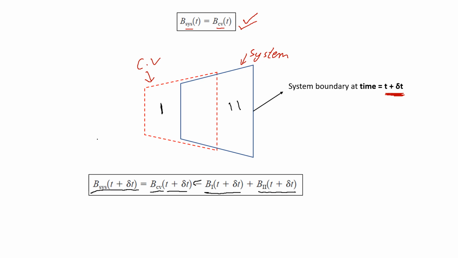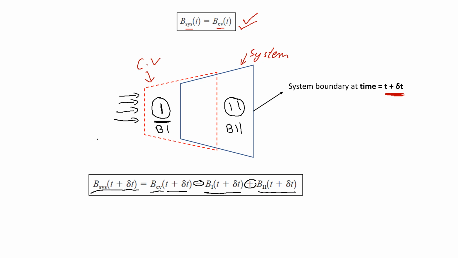This negative sign is used to differentiate the fluid going into the system from the fluid going out of it. So B1 is this region and B2 is this region, because B1 is the extensive property of the fluid going into the system and B2 of the fluid going out of the system. So this negative sign shows that the fluid is going in, and this positive sign shows that the fluid is going out.